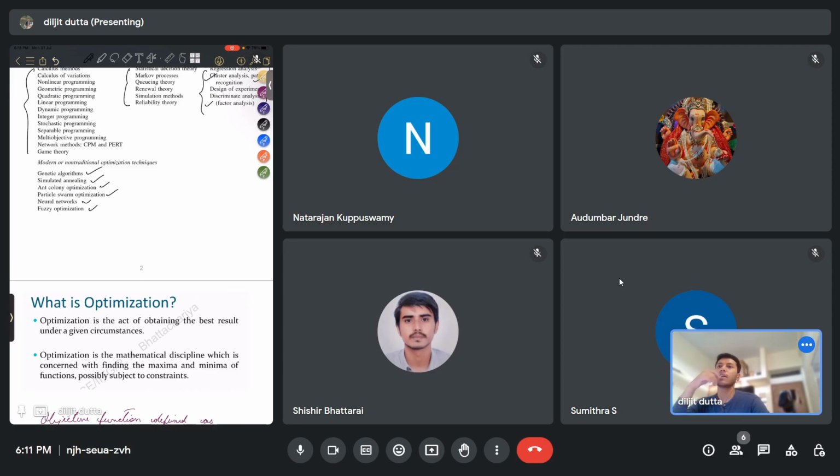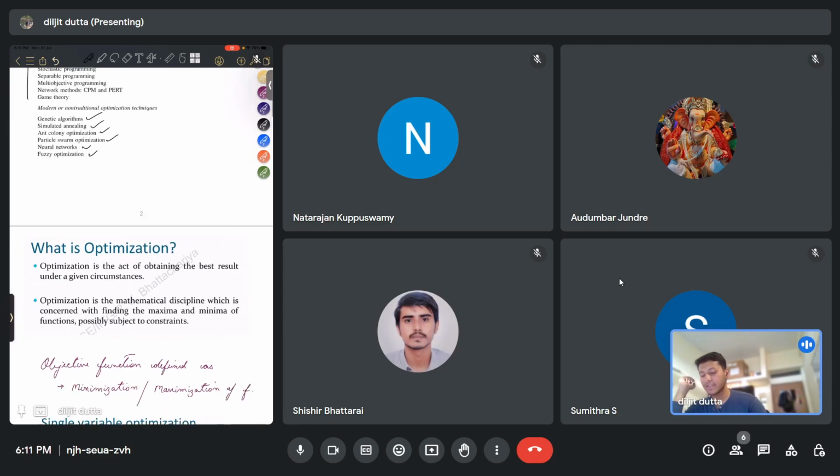Neurons, I think you know, are the nerve cells in the human body. These neurons are connected to one another, and they pass information from one neuron to another neuron. In that way, this method is applied for solving very complex problems.